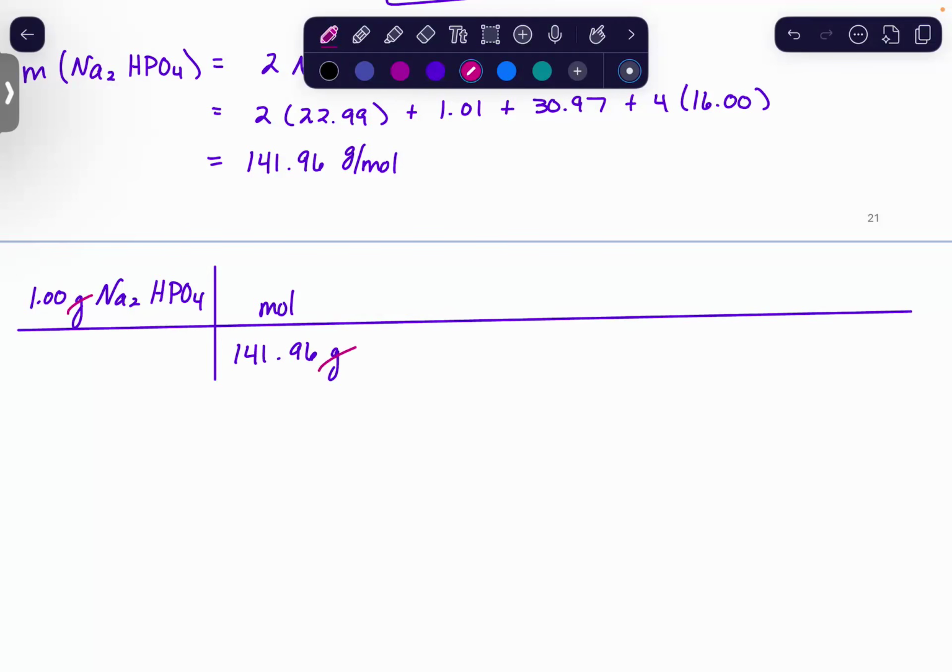Going to get rid of grams. Okay, now I know that I have Avogadro's number molecules per mole of molecules.